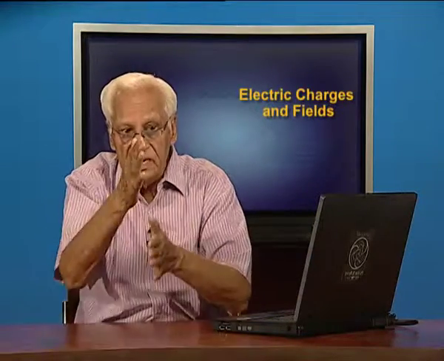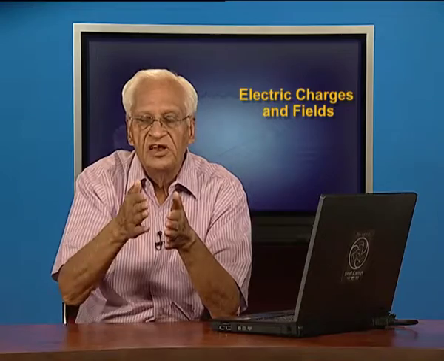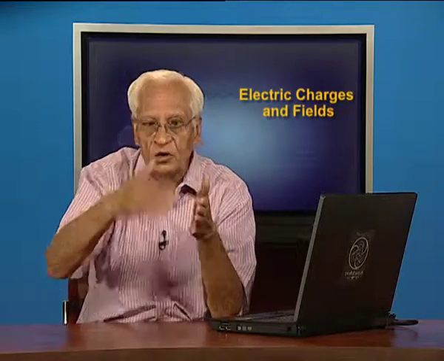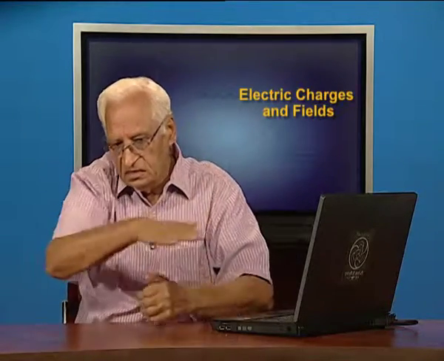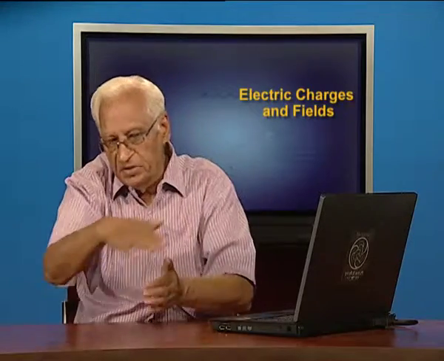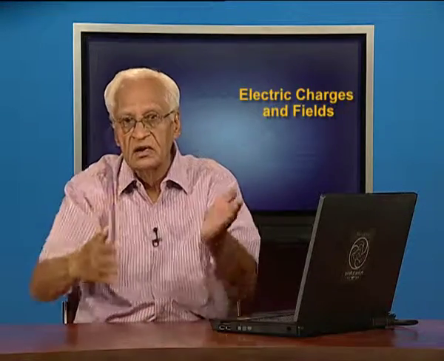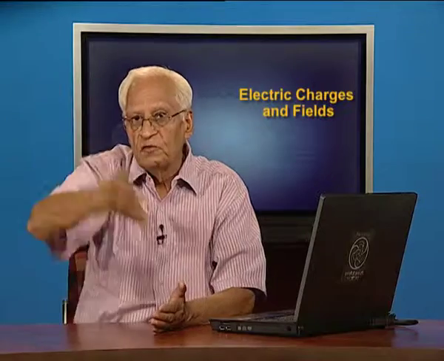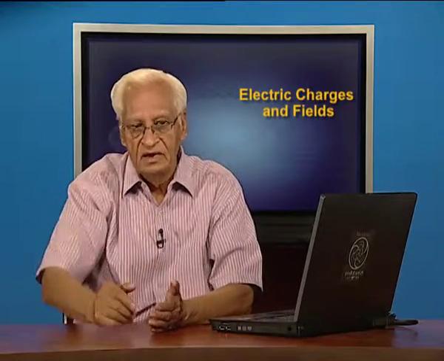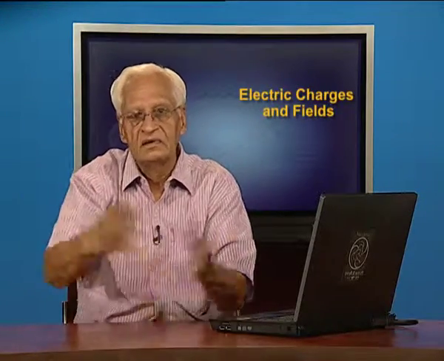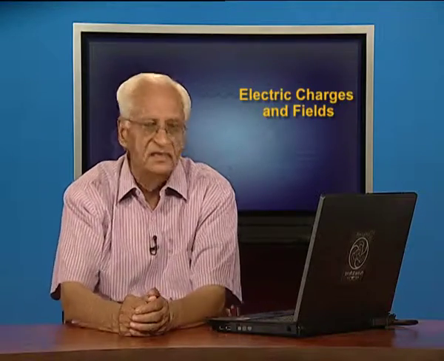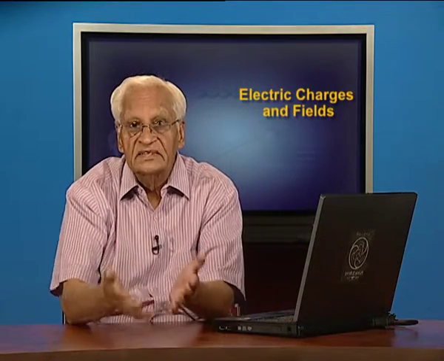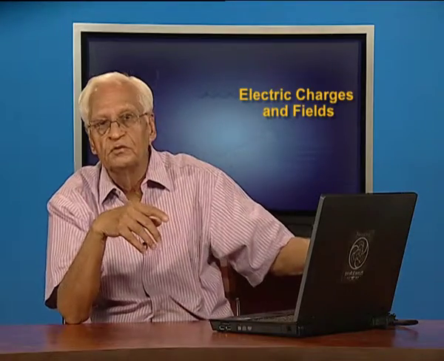Then we generalized this to find the field at any point, because we can break the dipole moment into components, so that for one it is the equatorial line and for the other it is the axial line, and we add the two and get the result. In the next lecture, we shall continue with the electric dipole.